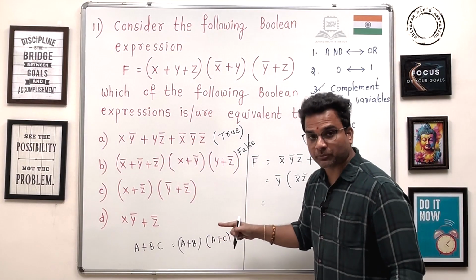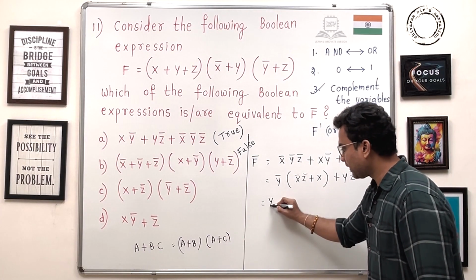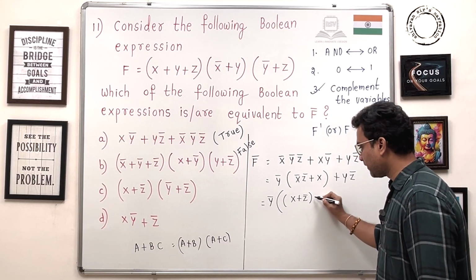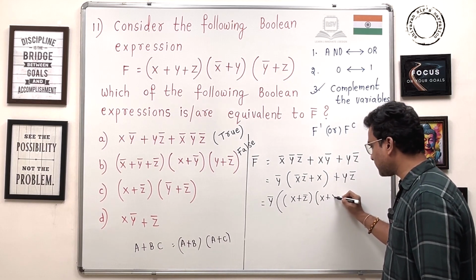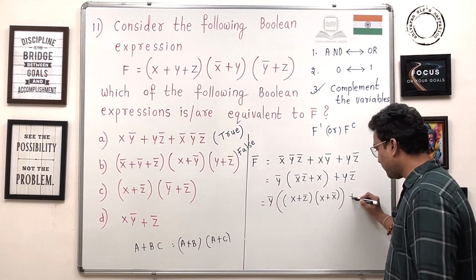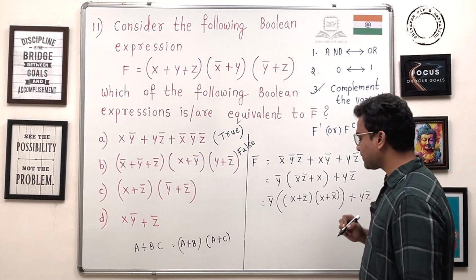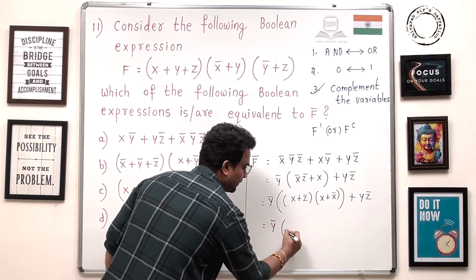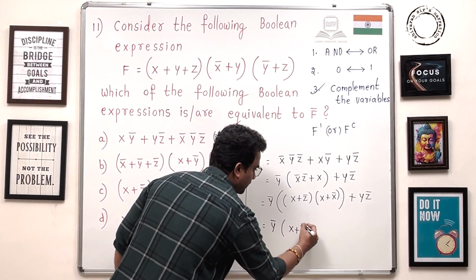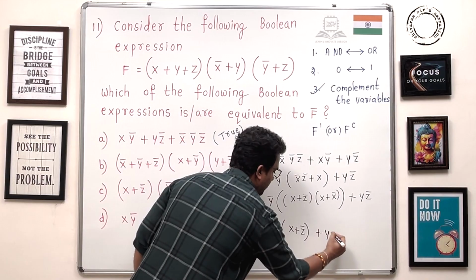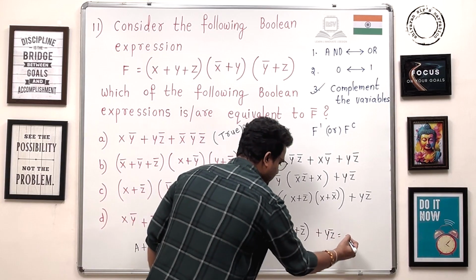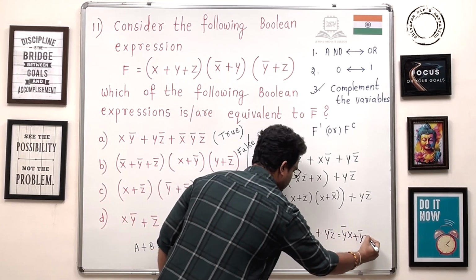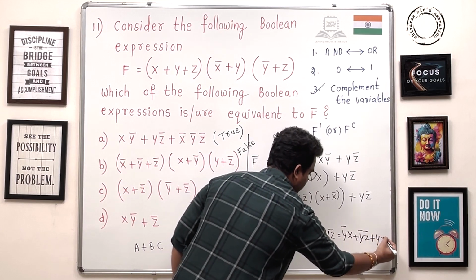Therefore, according to this distribution theorem, we can split here like y bar into x plus z bar into x plus x bar, again y z bar. Okay guys, now x plus x bar becomes 1, hence it is y bar into x plus z bar plus y z bar. If you expand, you will get y bar x, y bar z bar, again y z bar.